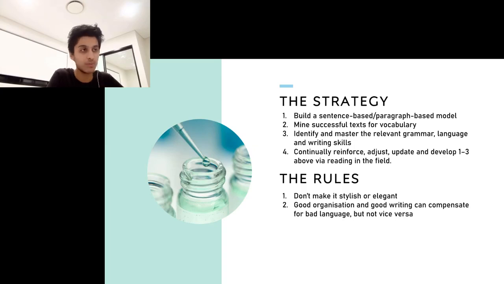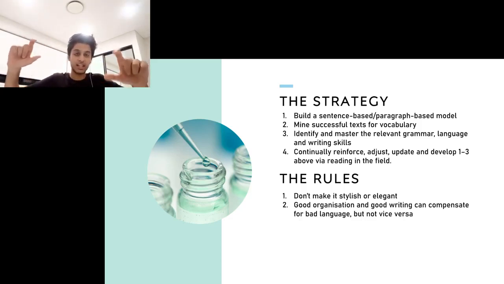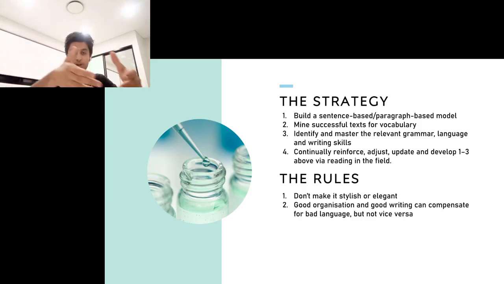Okay, now the second rule. Good organization and good writing can compensate for bad language, but error-free language does not compensate for poor organization or poor writing. When you have good organization and good writing, the reader can clearly identify what's going on and what important piece of information is where.